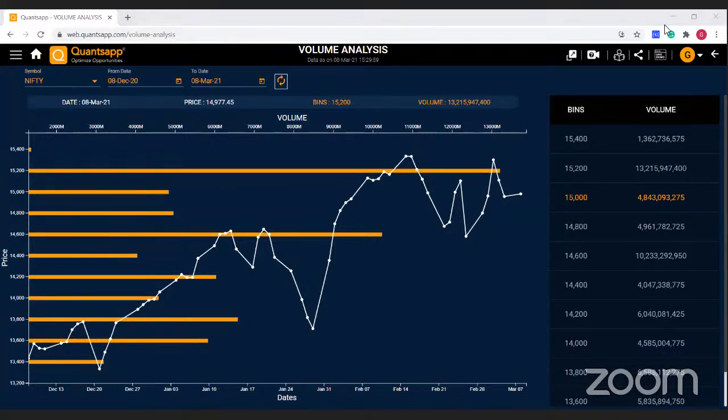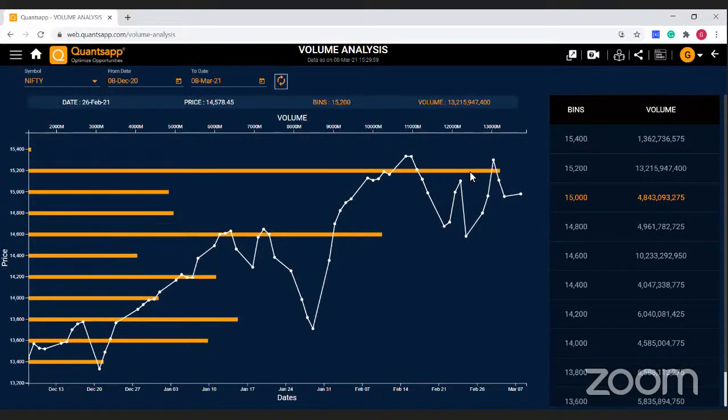Now, what does that mean? If we say these are the volume levels, we have termed them as bins. What is a bin? A bin is a cluster zone. So let's say right now Nifty is at 14,977, the future price. The highest volume is almost at the level of 15,200.